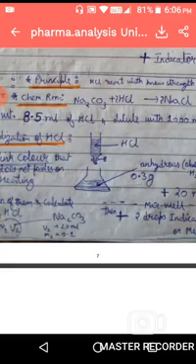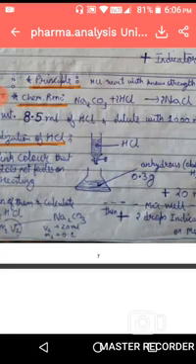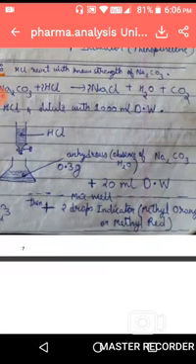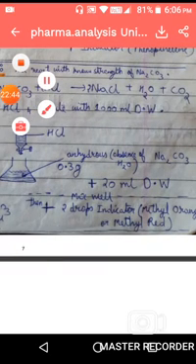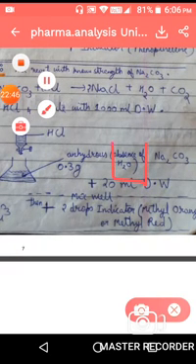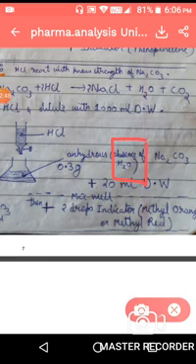Now how to standardize? Take the HCl in the burette, that is the titrant. Don't forget this: anhydrous Na2CO3, 0.3 gram. We have to take 0.3 gram of anhydrous Na2CO3. Anhydrous means absence of H2O, that's why it is mentioned here, plus 20 ml of distilled water.